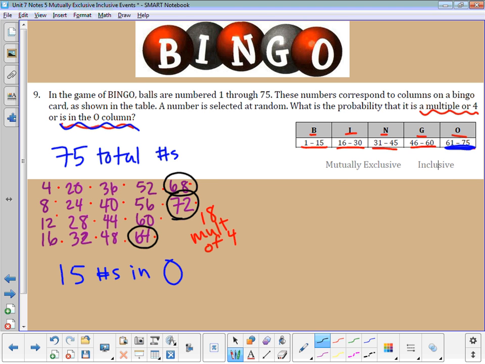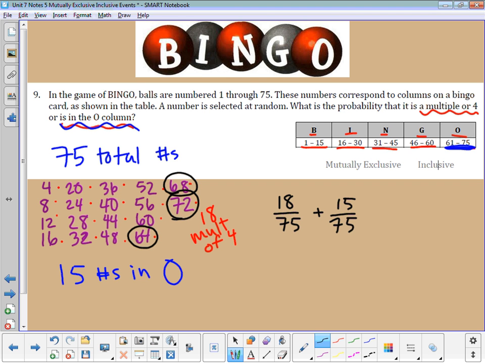So let's take a look at how we would figure that out. I have to take the numbers that are in the multiple of 4 category, that's 18 out of 75. And I have to add to that the number in the O's, that's 15 out of 75.